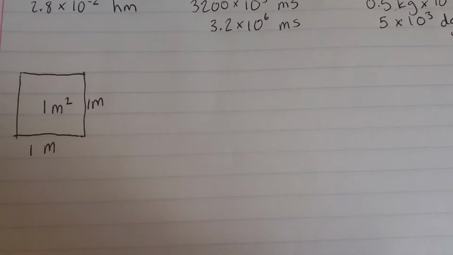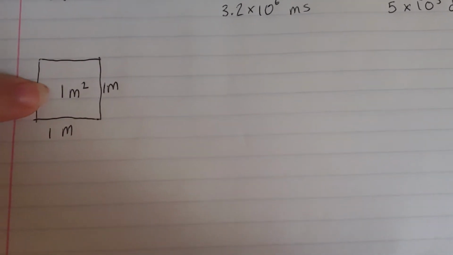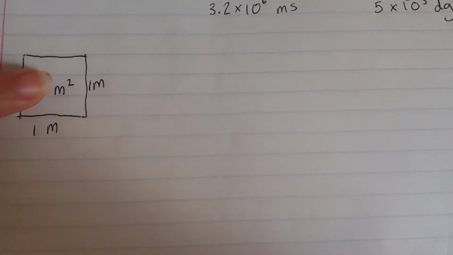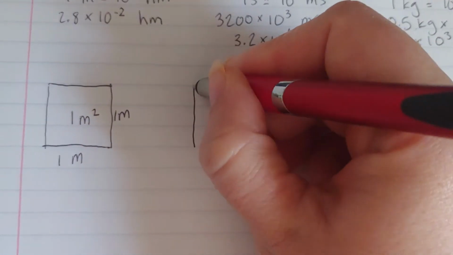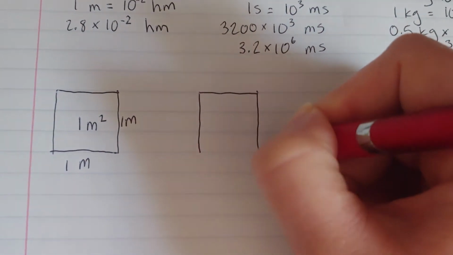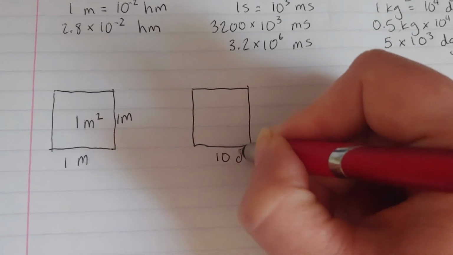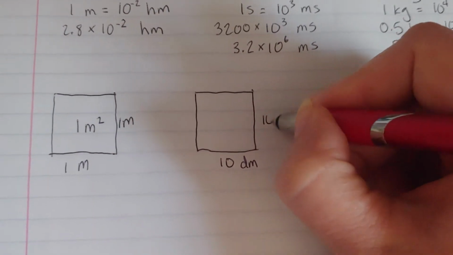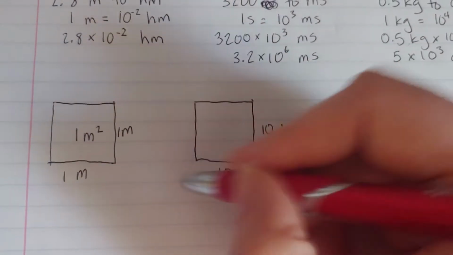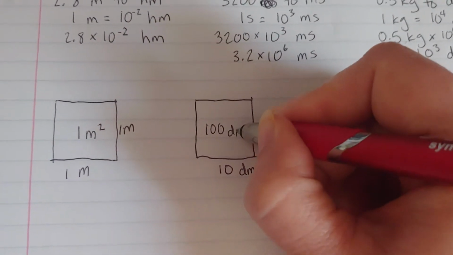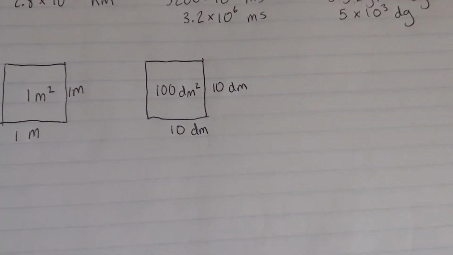All right. Well, what if I want to convert that area to, let's say, decimeters? Well, I can't just do the conversion factor here because this is meters squared. So I know that the same square is going to be 10 decimeters by 10 decimeters, length times width, gives me an area of 100 square decimeters.